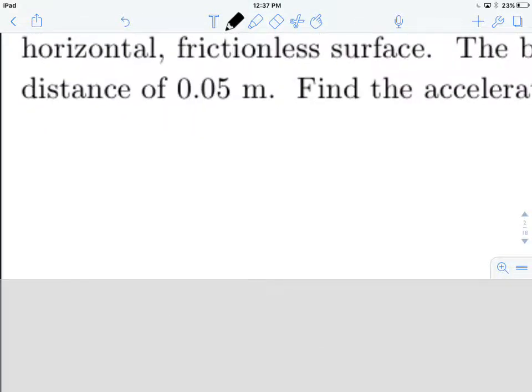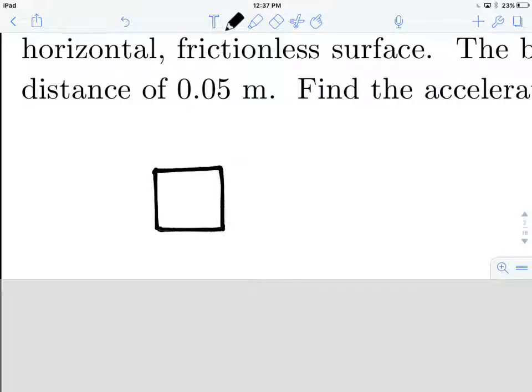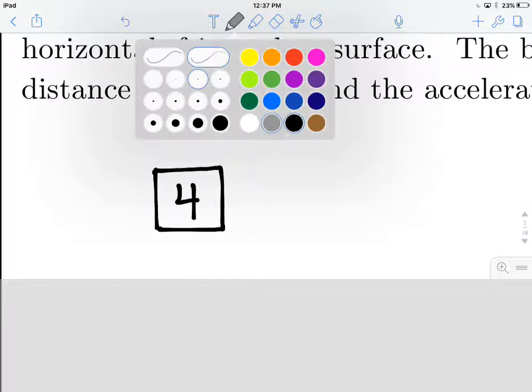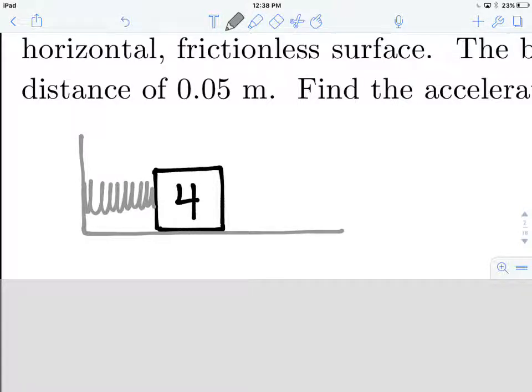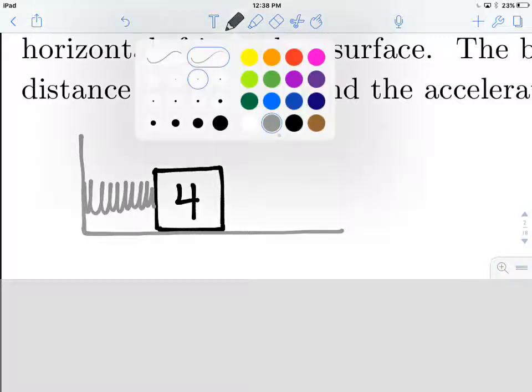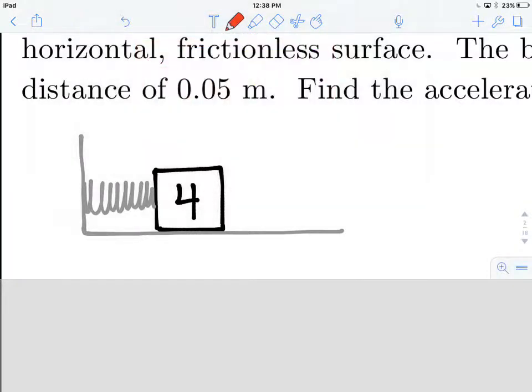So here's our block, and we know that it has a mass of 4 kilograms. And we're just going to sketch for a moment our situation where we have this spring, and this spring has of course been compressed by 5 centimeters. Okay?